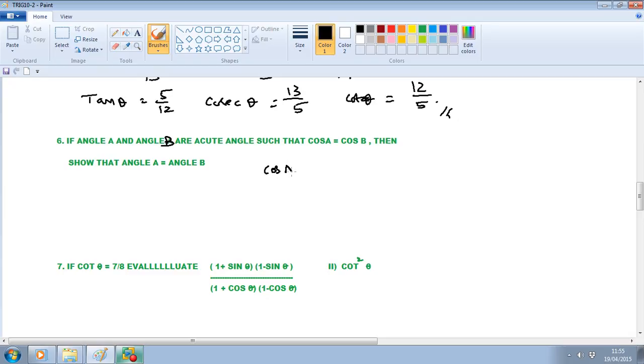Given is cos A is equal to cos B. Show that angle A is equal to angle B.